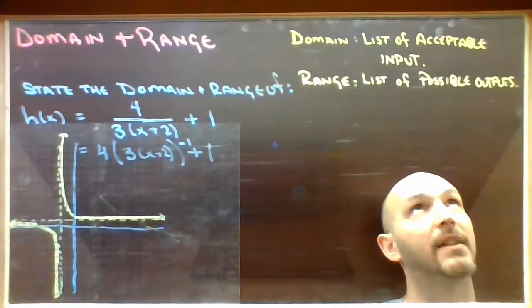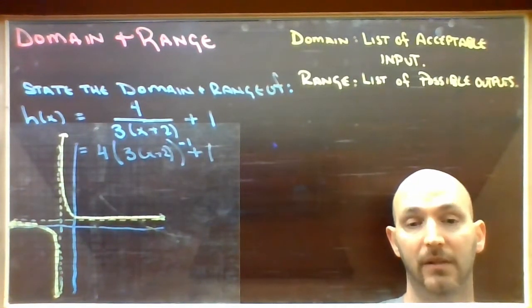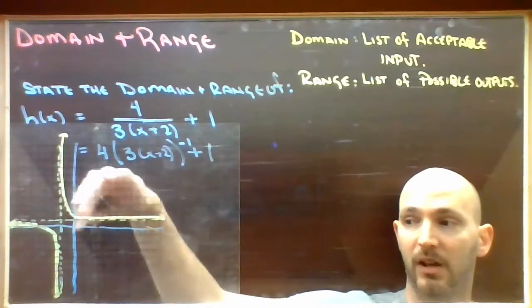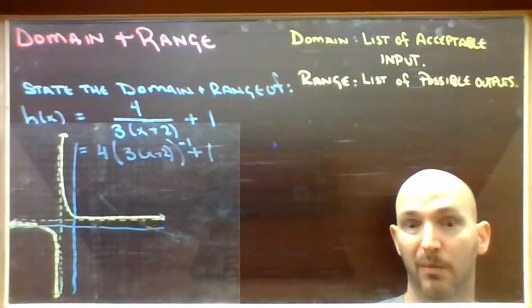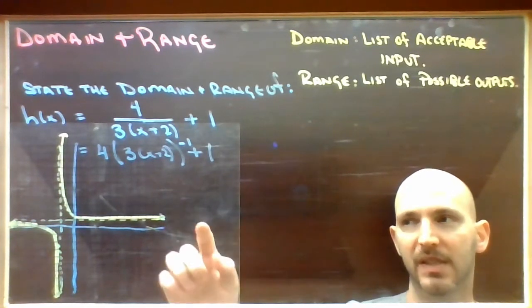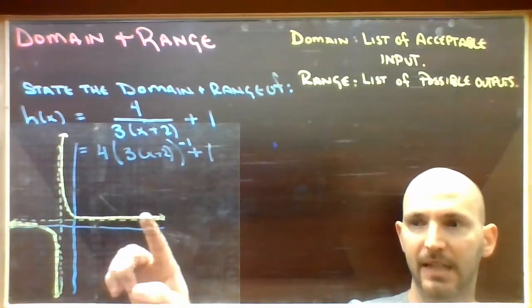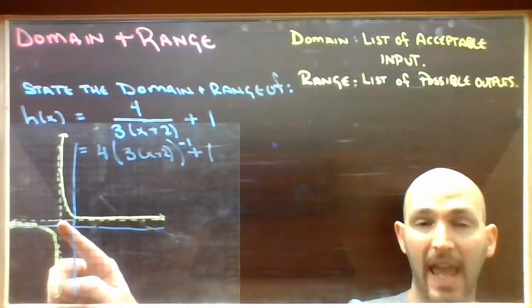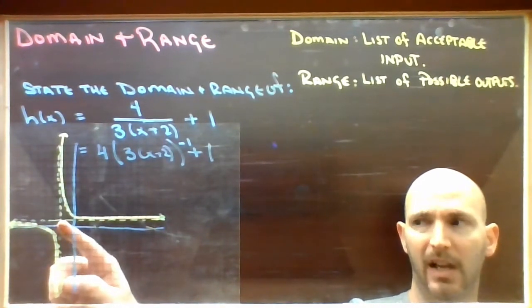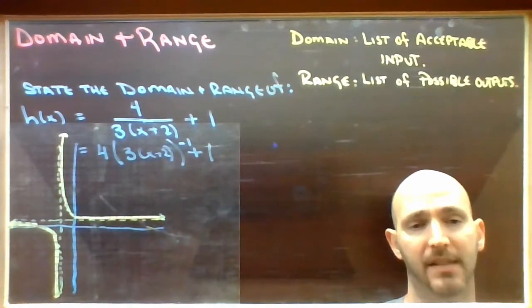So I can't see it. It's not above me. If I look down on this side, it's infinitely low. So it's not below me either. Well, this function will accept any value except that one. So it can't be -2 because of this vertical asymptote.